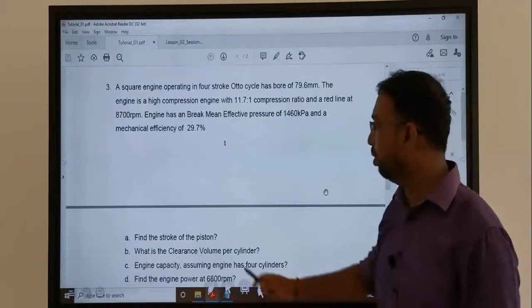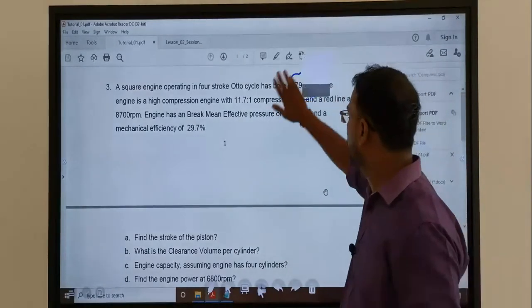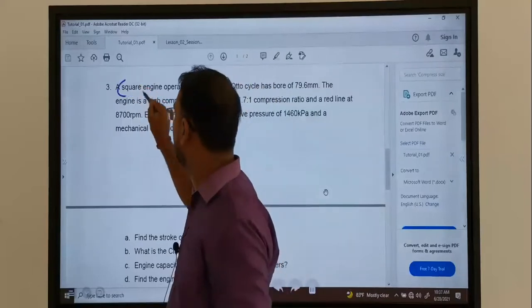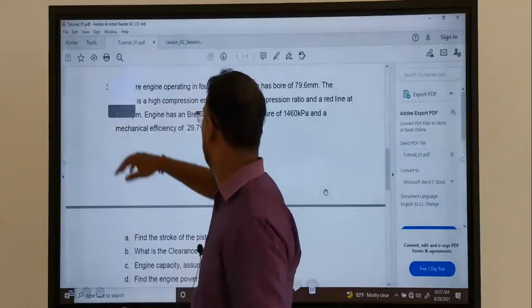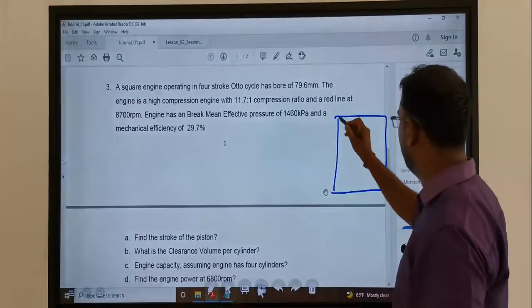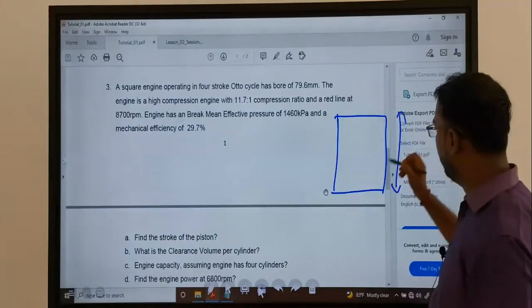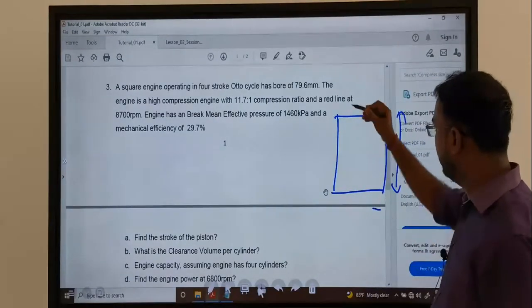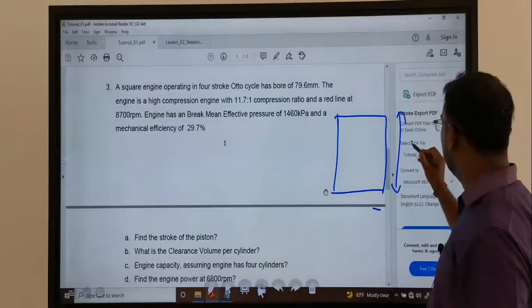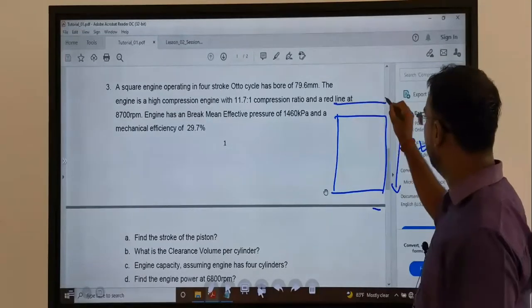So we have to find the stroke, but here they only give the bore value. But see the words here, a square engine. What is a square engine? For example, a cylinder, like a square. This is the stroke volume, the piston can move from here to here. This is the stroke L, and here the diameter D of the cylinder.